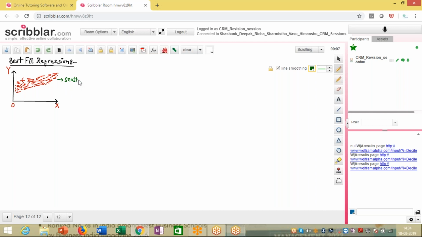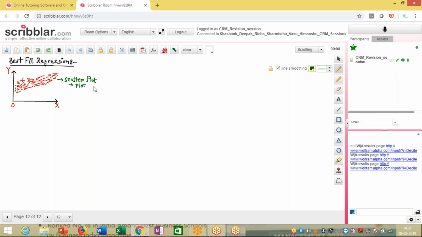Now, when I talk about a scatter plot, what is a scatter plot? A scatter plot is nothing but a plot of the ordered pairs. Now, what is an ordered pair? An ordered pair is where you have, say, variables x and y. You take the first observation of x with the first observation of y. You take the second observation of x with the second observation of y. So the pairs that you are creating are ordered pairs.